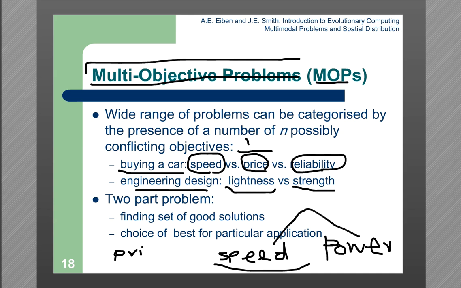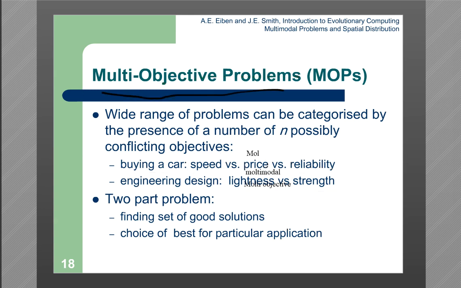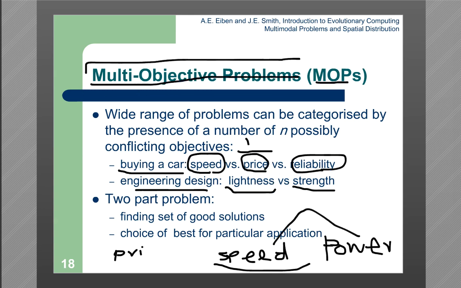It is not multi-objective, because these two types of fitness are the same. If you buy a cheaper car, the speed is low and power is low. Both are the same.